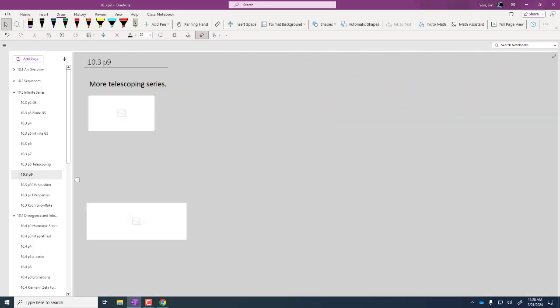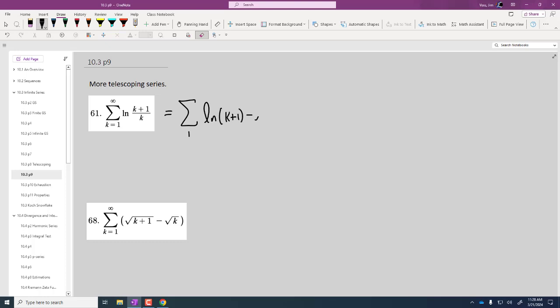All right, so you all try this one. So that is a telescoping series. Maybe I'll do the first step. If it's telescoping, you know that you need to have a subtraction, and this one is just kind of hidden.